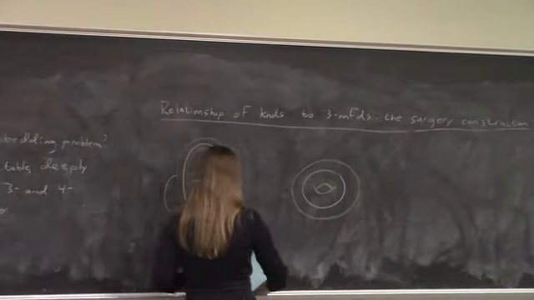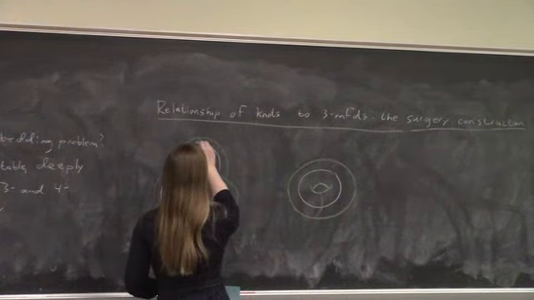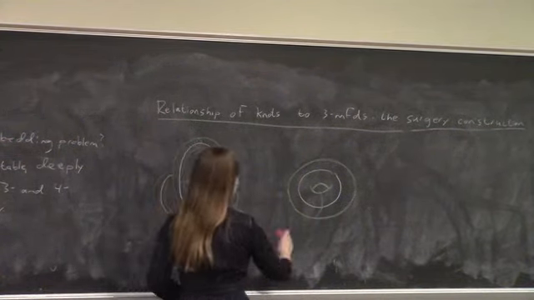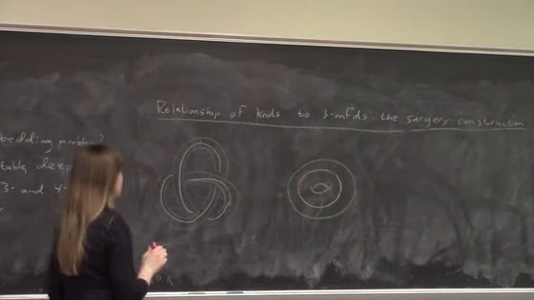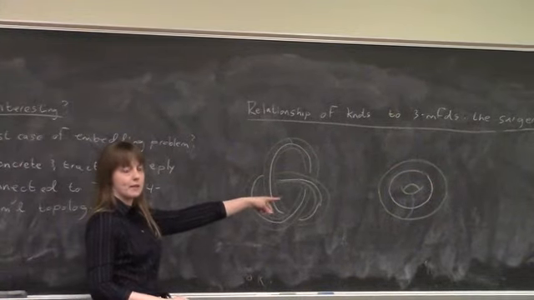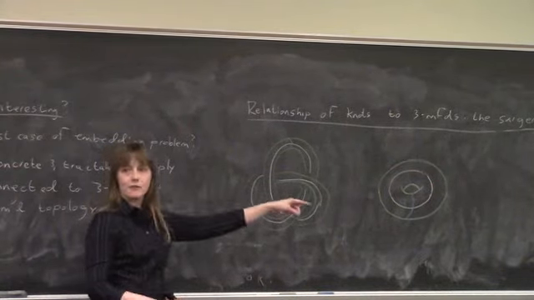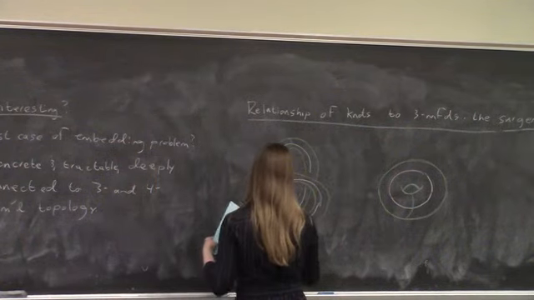Distinguished curves, a meridian, and the longitude. Here can be my longitude. If I draw my longitude just straight onto the blackboard, it'll end up twisting around the knot itself, so I'm going to have to add some extra turns to untwist it, so I'll draw the correct longitude.